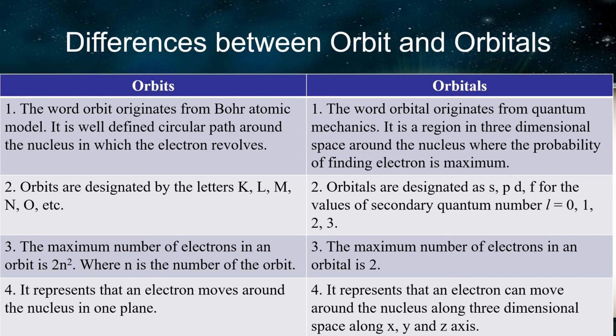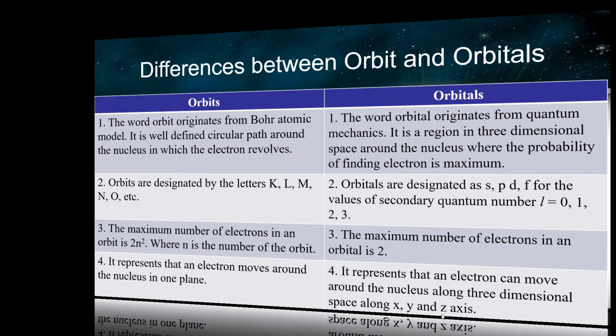An orbit represents that an electron moves around the nucleus in one plane, and an orbital represents that an electron can move around the nucleus in 3-dimensional space along the x, y and z axes.